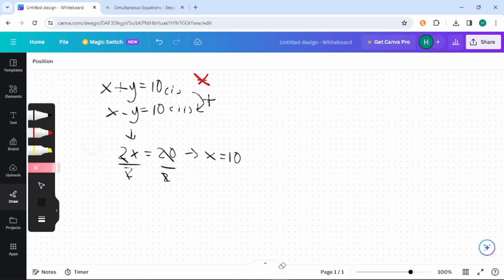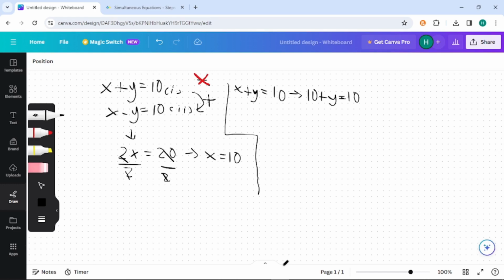Now that we have the value for x, how are we meant to solve for y? Well, since we know that x is equal to 10, I'm going to take the first equation, x plus y equals 10, and replace x with 10. 10 plus y equals 10.